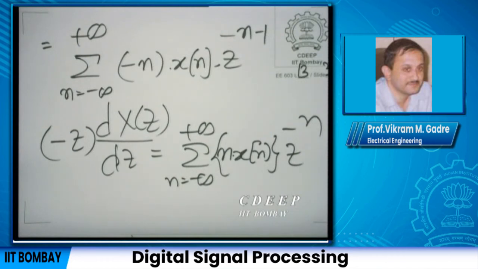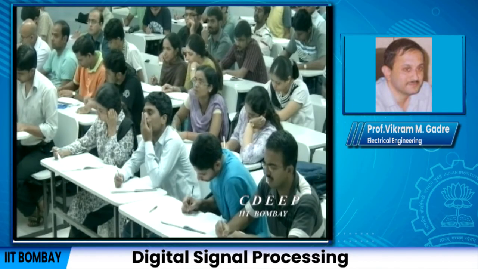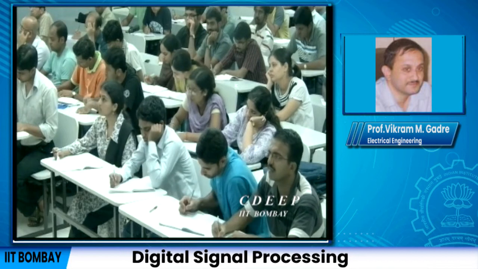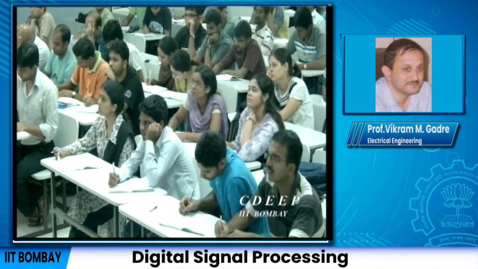This is very interesting. What we are saying is that the Z transform of n times x[n] is essentially the derivative of the original Z transform of x[n] multiplied by minus z.